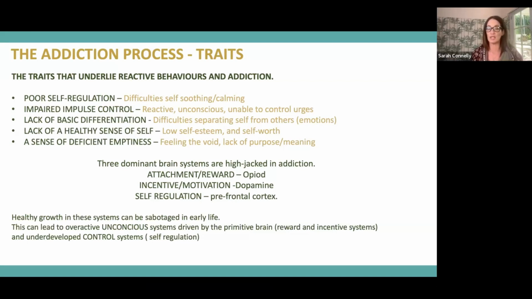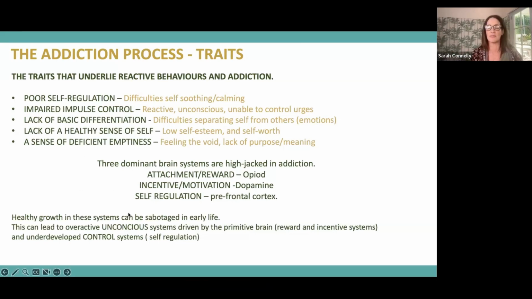There are three dominant brain systems that are hijacked when we become addicted: the opioid system, the dopamine system, and the part of the brain called the prefrontal cortex, which is involved in self-regulation. That is, the ability to go within to calm ourselves down instead of looking for something external to do that for us.